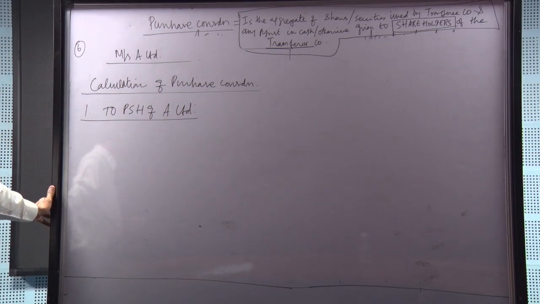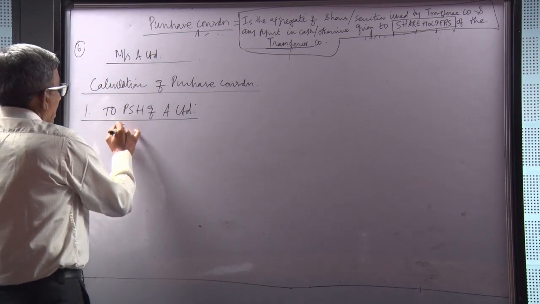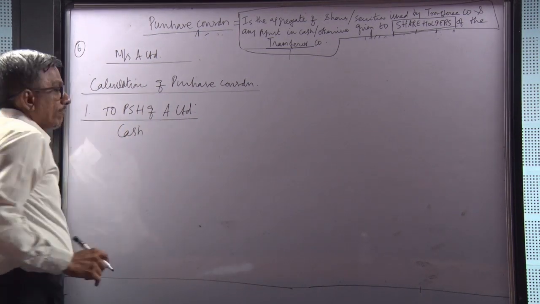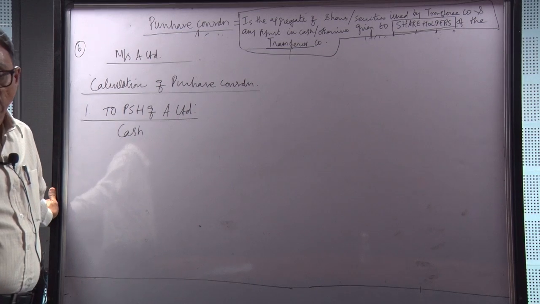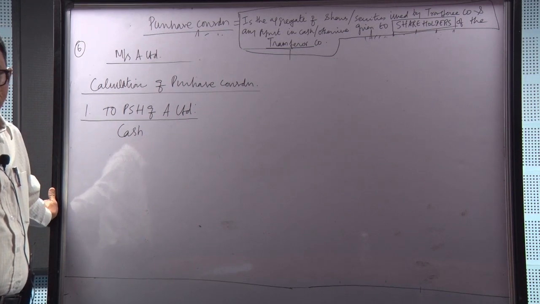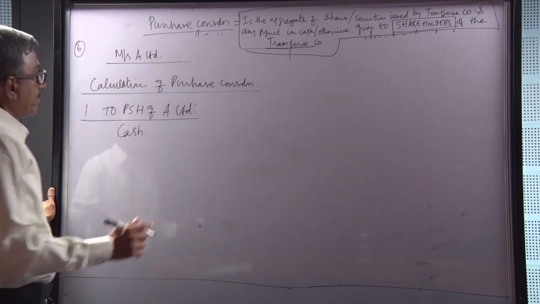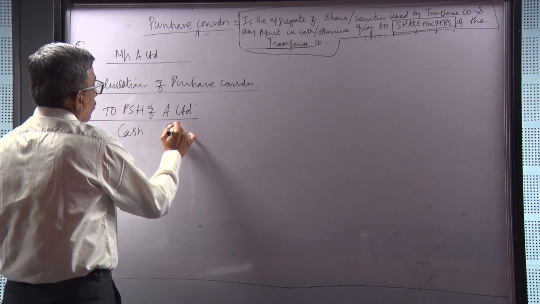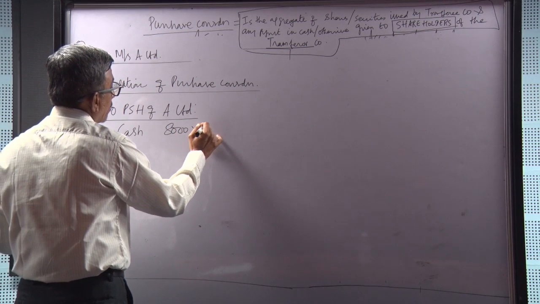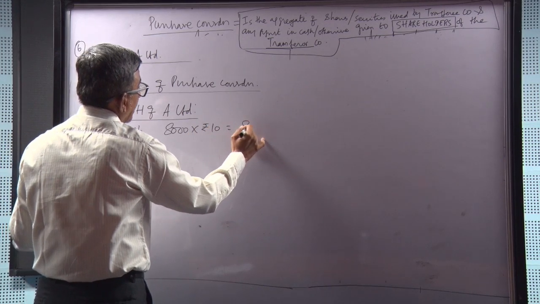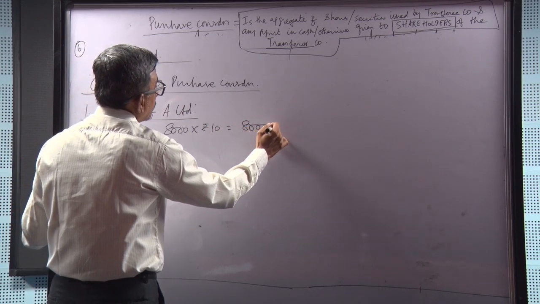What is given to the preference shareholders of A Limited? Adjustment A tells you for each preference share in A Limited, rupees 10 in cash and 9% preference share of 100 each in B Limited. So for every share 10 rupees cash is given. In A Limited there are 8,000 shares. So it is 8,000 into 10, rupees 10 per share, that is 80,000 cash payment.